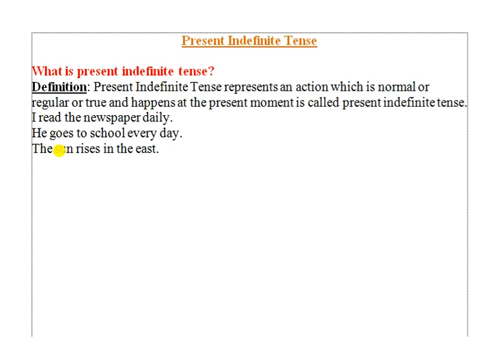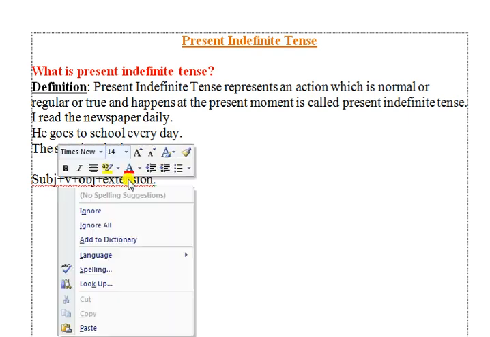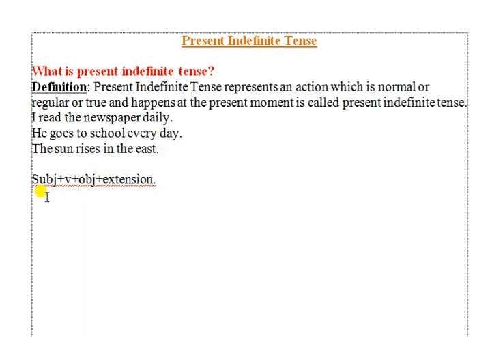At first, when we make a sentence, we have to use the subject, then the main verb, then the object, then the extension. Let's see the structure. Extension.